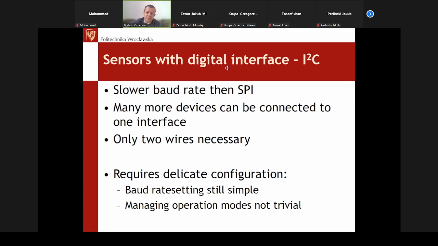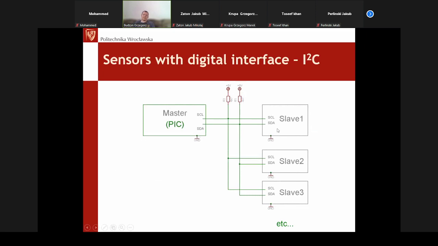The baud rate is not much of a problem in I2C either, but in I2C we need to configure a bit more in order to set the proper frame and the proper address as well. What might be the problem in SPI is actually the addressing, so the small address space.